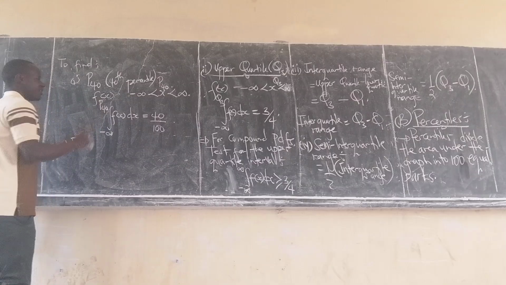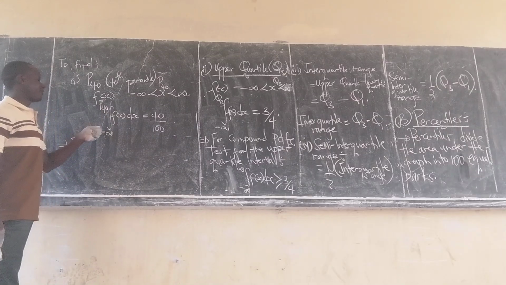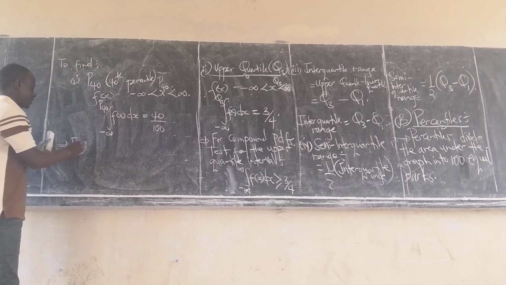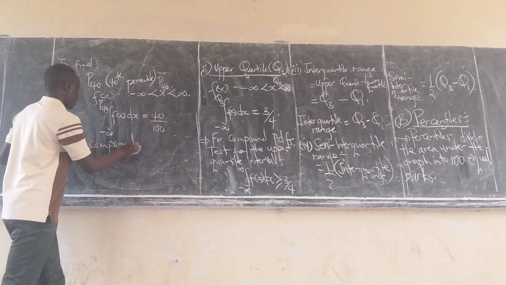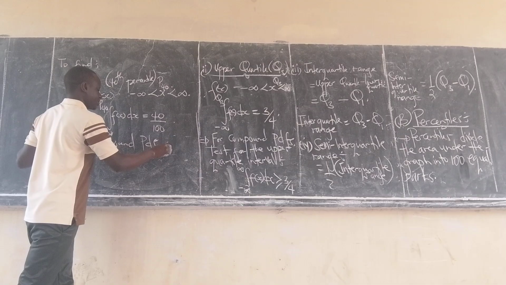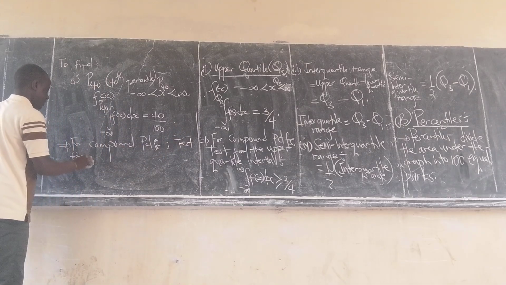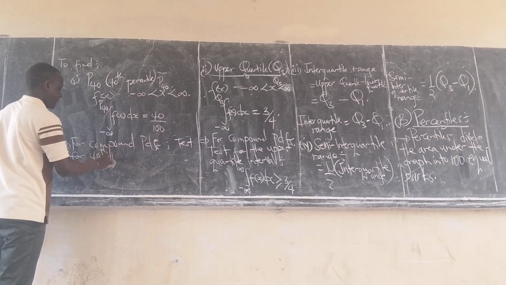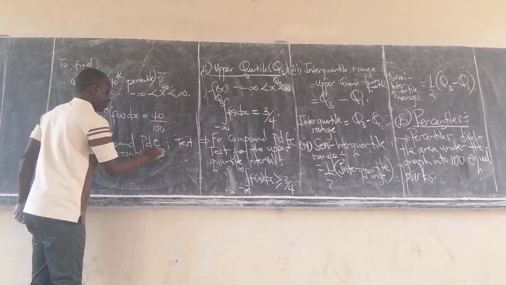So if the PDF is simple, we go direct and find the P40 using this. And if the PDF is compound, obviously we shall first test for the 40th percentile interval.